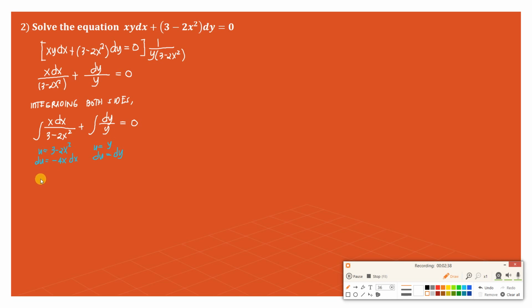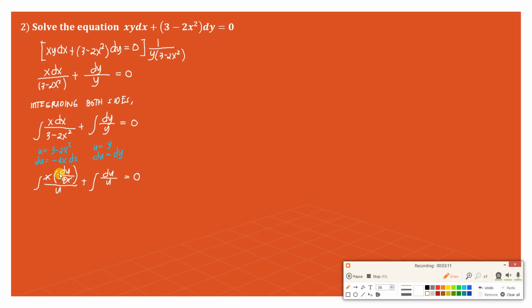Replacing all the variables, we have integral of x dx by reforming na yung du. So, we have du over negative 4x. Tanggal na natin si x. Okay, over, yung 3 minus 2x squared is our u. Plus, integral of dy, dy is our u and y is our u. Equals to 0.